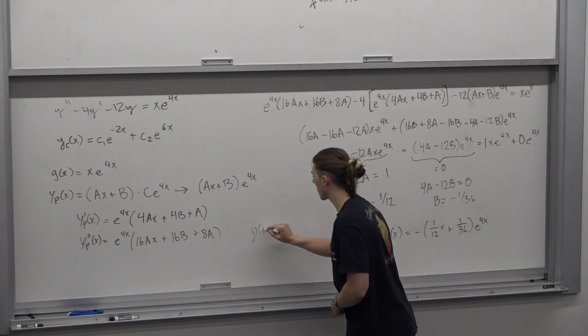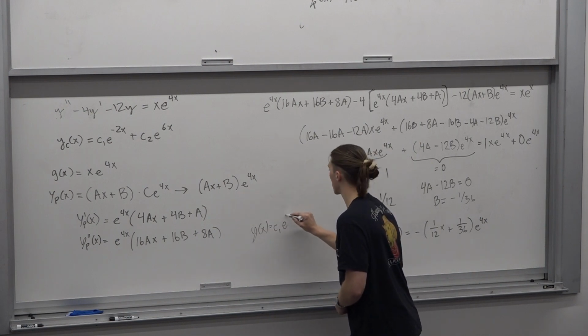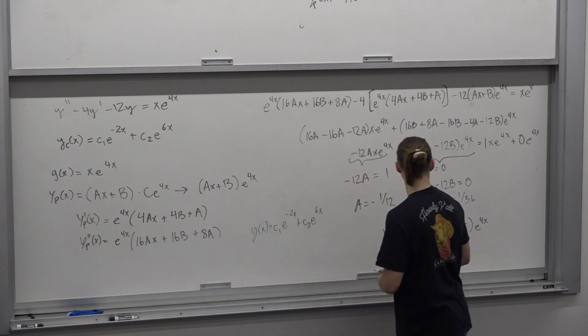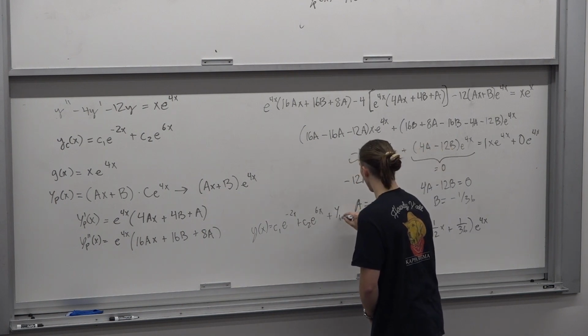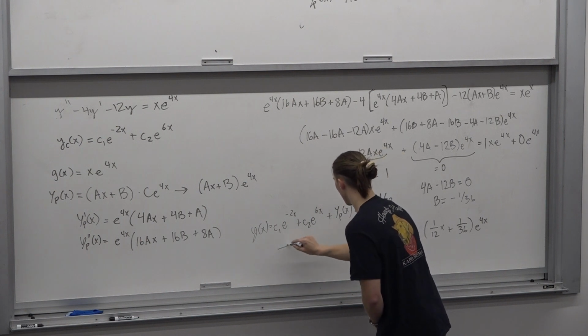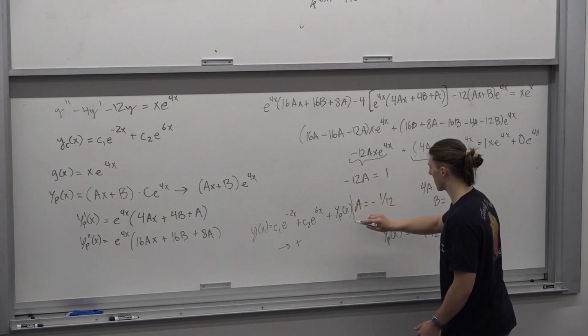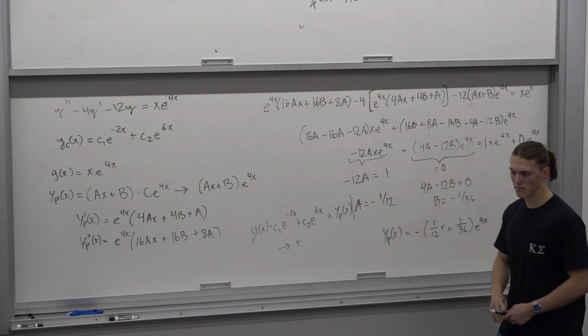So our solution would be yc of x, then plus yp of x, just writing it out here, plus this one here.